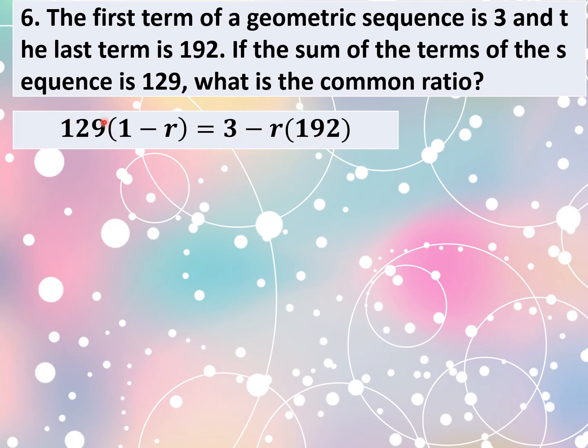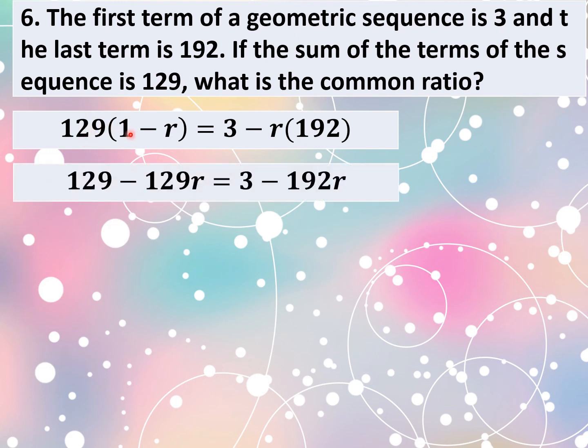So, distribute muna natin yung 129. So, 129 times 1 is 129. 129 times negative r is negative 129r. And then, dito, multiply lang natin yung r tsaka 192. That is 192r. Then, syempre, copy yung sign na negative.